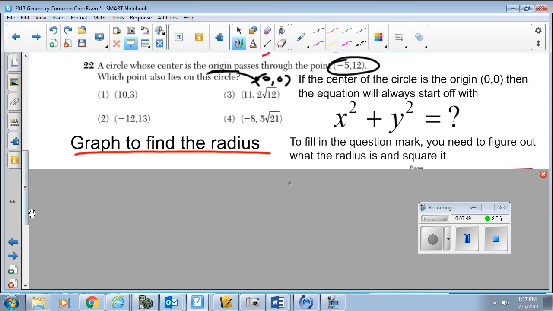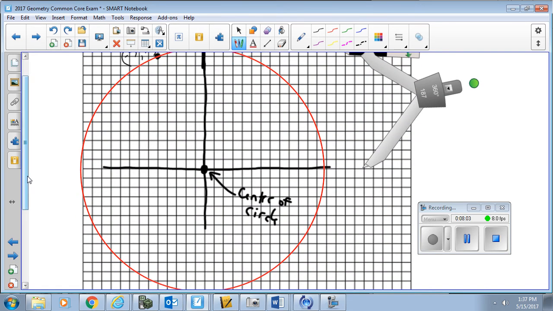So, which point also lies on this circle? It's going to be harder to check these two points here. We can check 10, 3 and negative 12, 13 pretty easily. So let's check those. 10, 3: 1, 2, 3, 4, 5, 6, 7, 8, 9, 10, then 1, 2, 3.